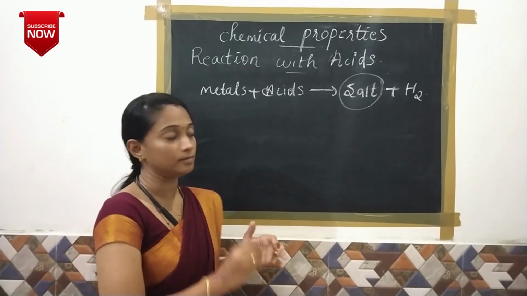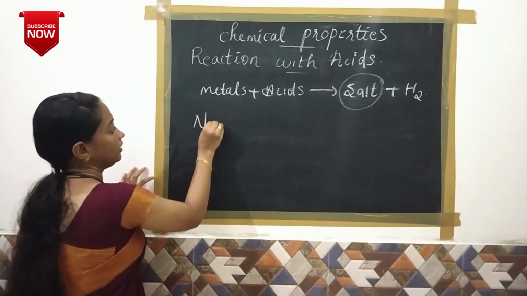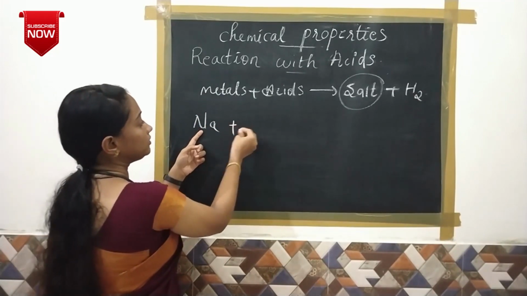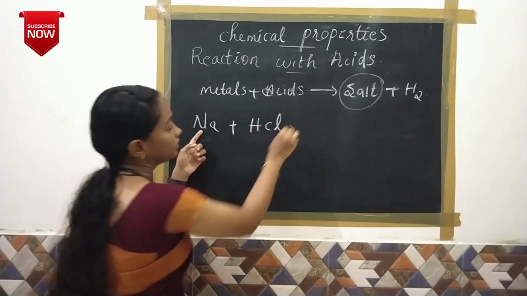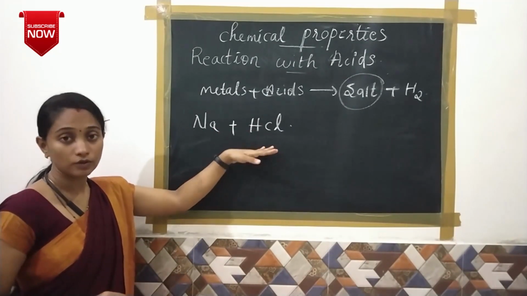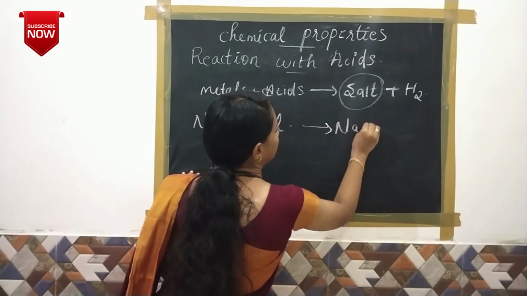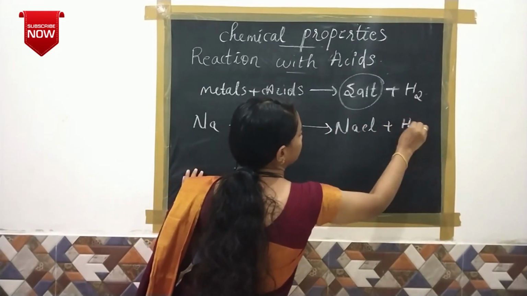Let us see an example. Sodium is a metal that reacts with hydrochloric acid. It will form sodium chloride plus hydrogen.